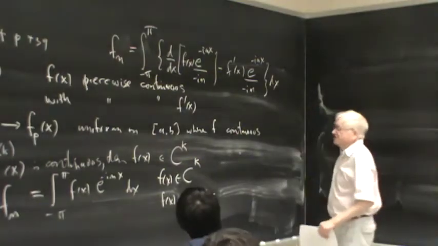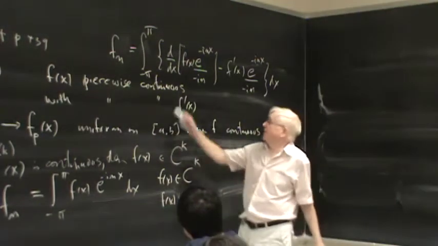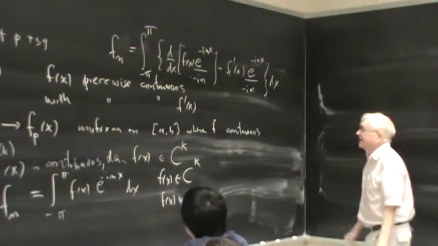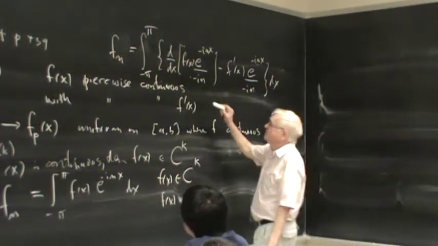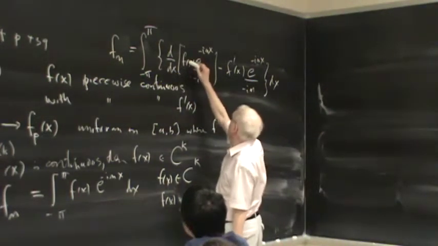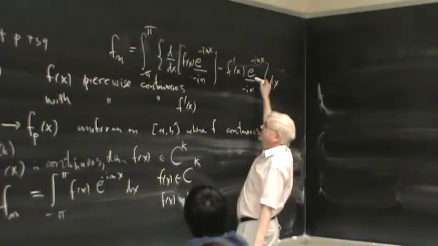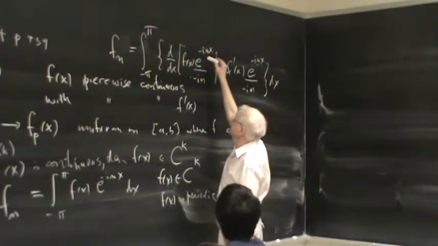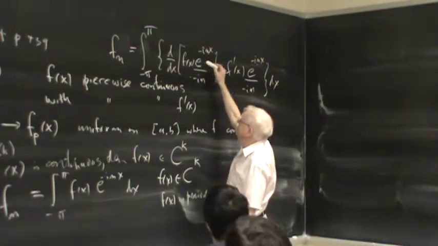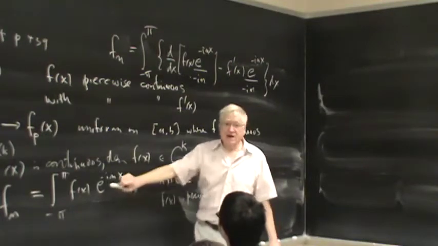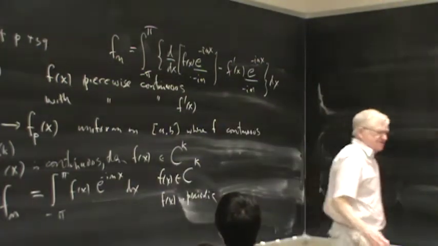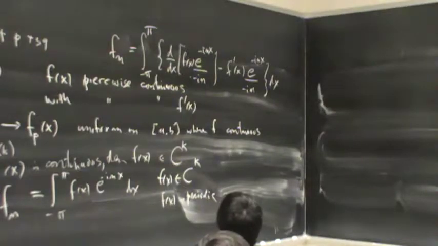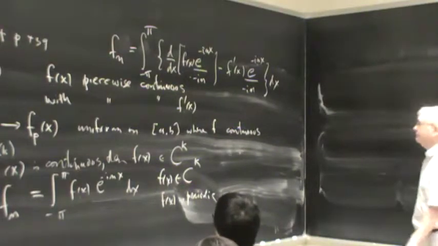Okay. So here I've just taken this formula and written it in a very complicated way. When the derivative hits the f, we just get this term that cancels. When the derivative hits this, it just turns this ratio into e to the minus i n x. So this is the derivation of integration by parts for this special case.